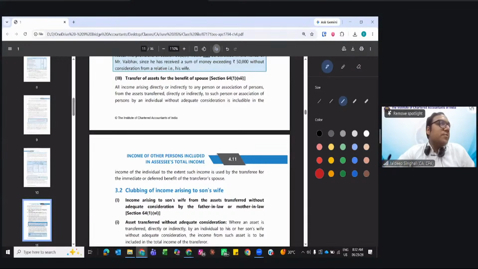Transfer of income for the benefit of spouse. If the income has been transferred, let's suppose you have given some amount to the trust, and the trust is giving some income to your spouse. All income arising directly or indirectly to any person or association of persons from the assets transferred directly or indirectly to such person or association of persons by an individual without adequate consideration is includable in the income of the individual to the extent such income is used by the transferee for the immediate or deferred benefit of the spouse.